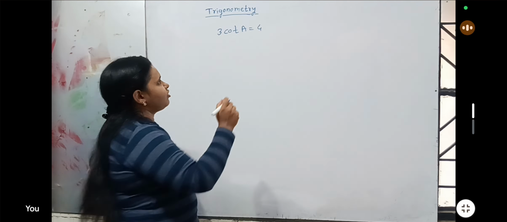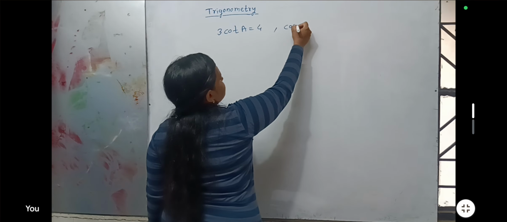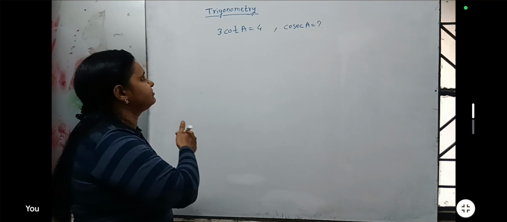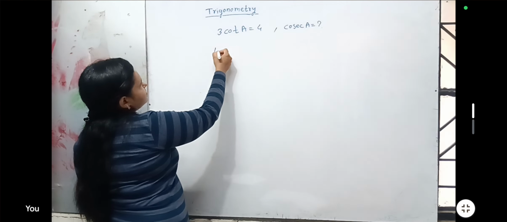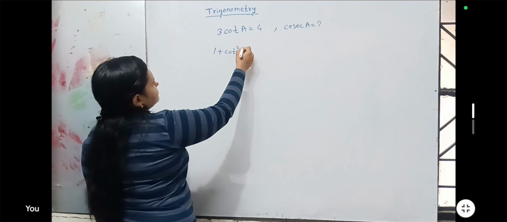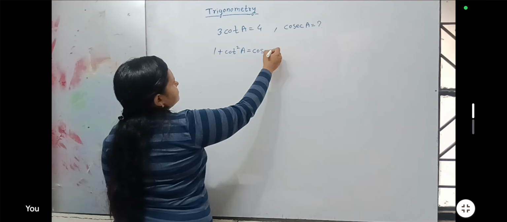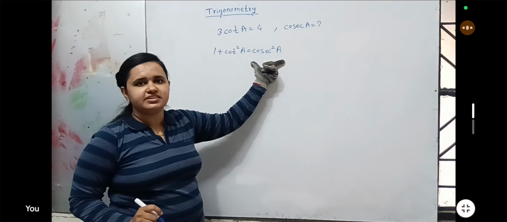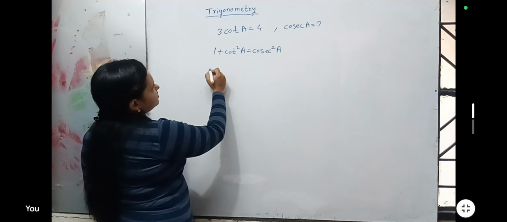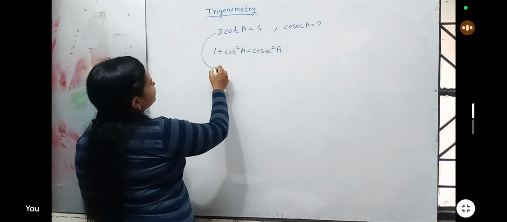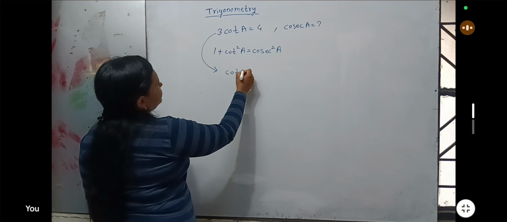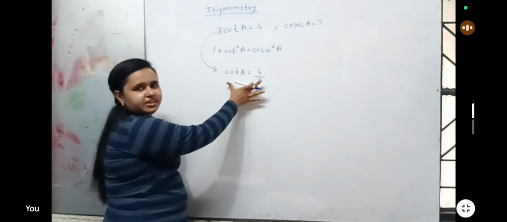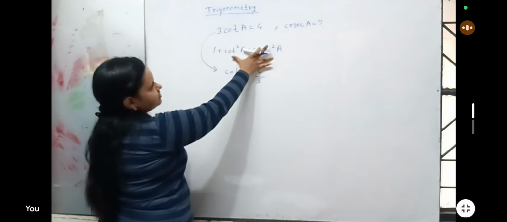And we have to find the value of cosec A. Using the identity 1 plus cot square equals to cosec square, then from the question we can write cot A equals to 4 upon 3. Then substitute this value cot A equals to 4 upon 3 in this identity.